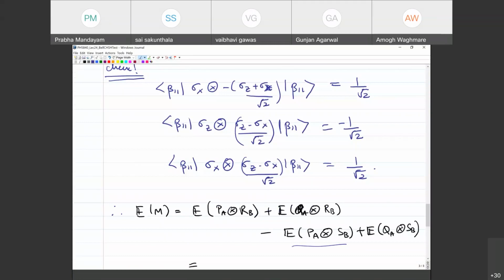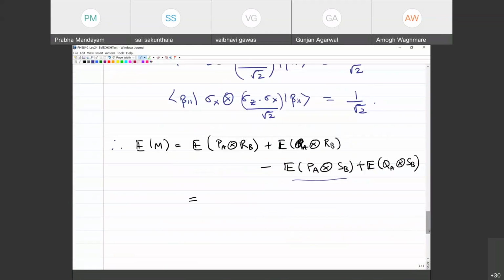So what does this then evaluate to? This basically evaluates to 4 by root 2, which is 2 root 2. Okay.